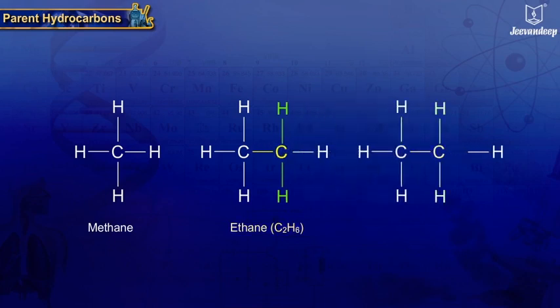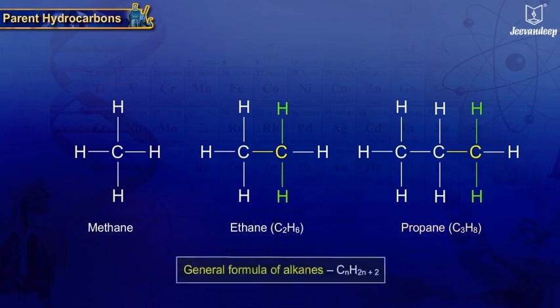If we add 1 more carbon atom and 2 more hydrogen atoms to ethane, we get the compound propane, C3H8. From this, we can infer that the general formula of alkanes is CnH2n+2, where n is the number of carbon atoms.